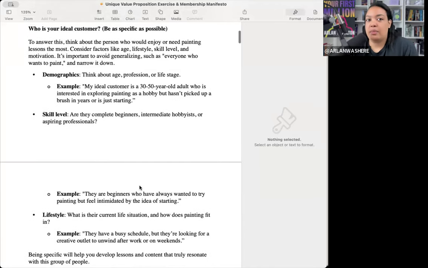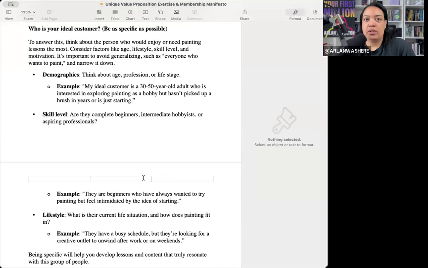The first way you want to think about this is through things like their age, lifestyle, skill level, and motivation. These are demographics and psychographics. The demographics: what is their age, profession, life stage? We're going to use an example the whole time of someone who wants to start a membership for painting.